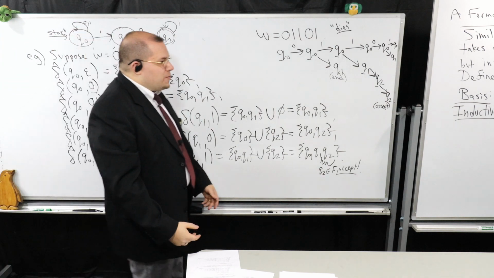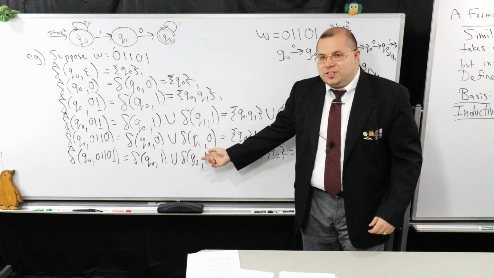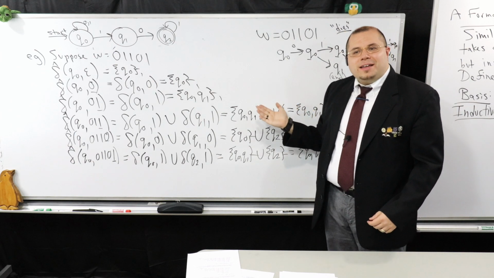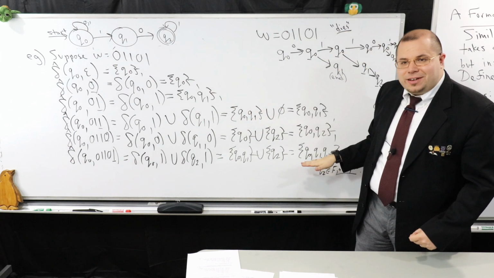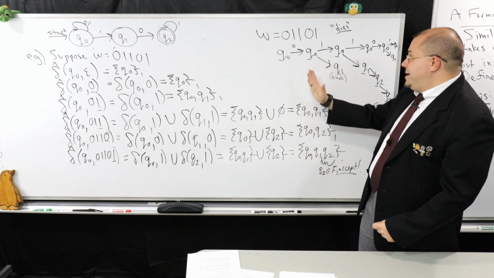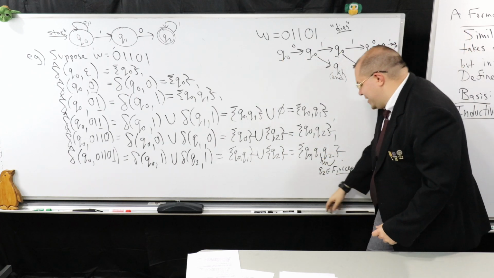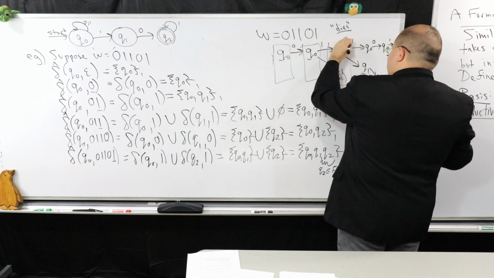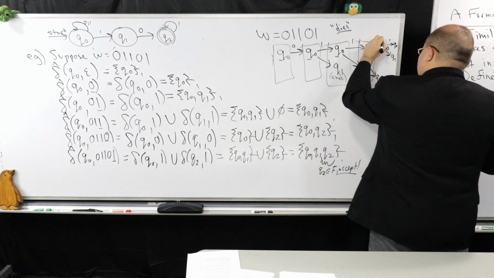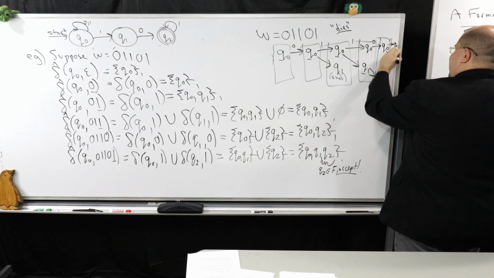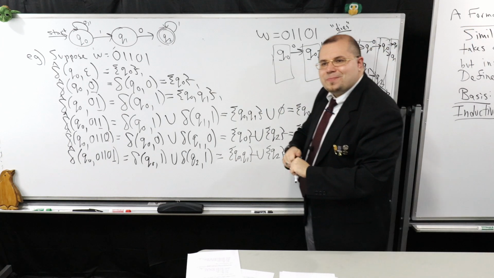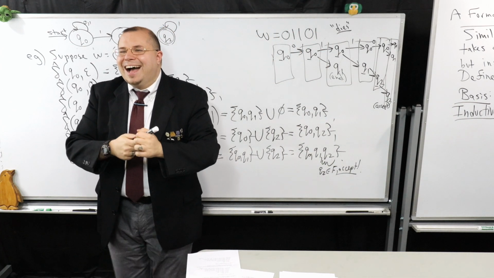So if you ever find yourself having a hard time with this extended transition function, try drawing a picture like this and see if it matches up with your calculations. You just read the columns, and they match with the rows of my calculations. Is that neat?